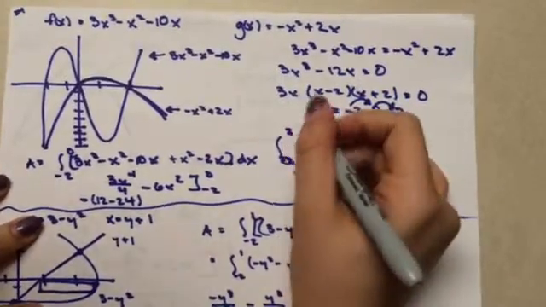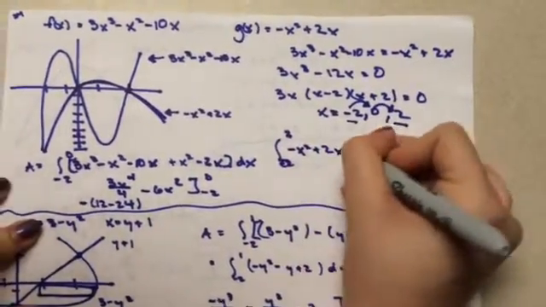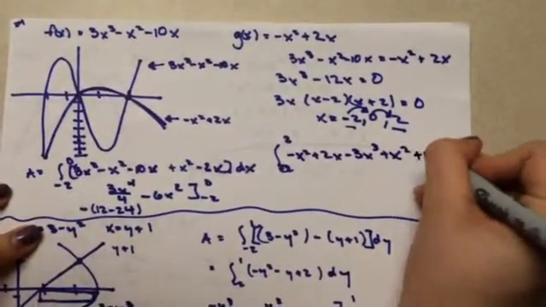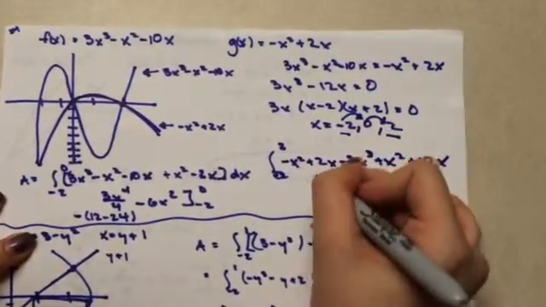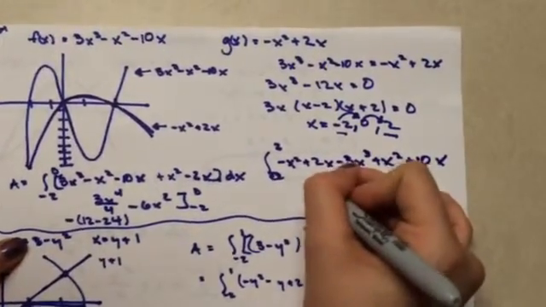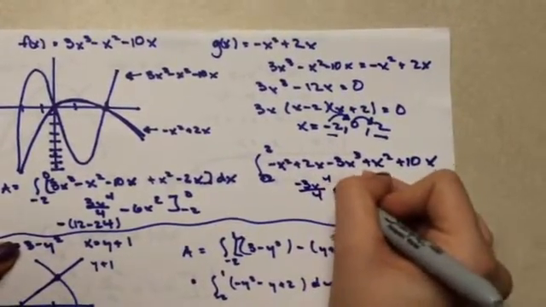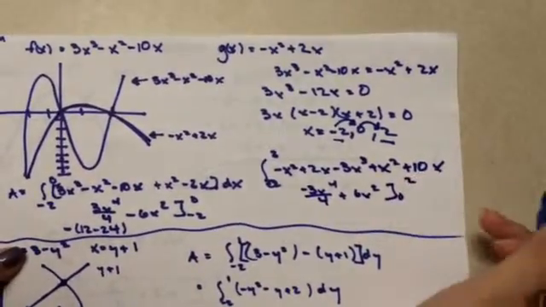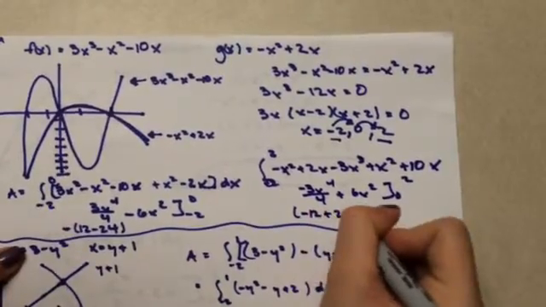So this is going to be negative x squared plus 2x minus 3x cubed plus x squared plus 10x. Simplify that down, take the antiderivative, and we're going to get negative 3x to the 4th over 4 plus 6x squared, evaluated at 0 to 2, and this should give us negative 12 plus 24.